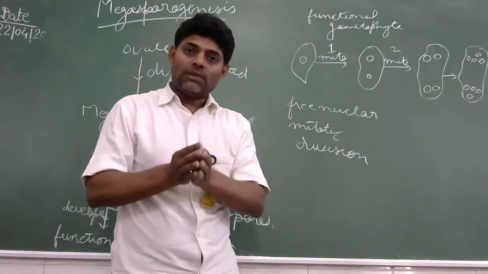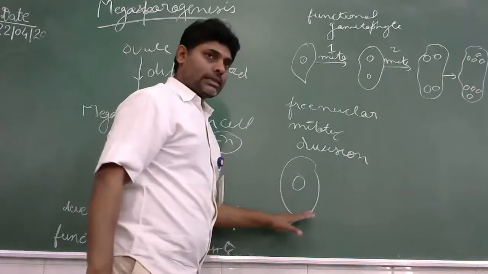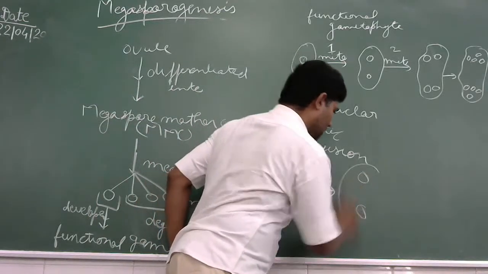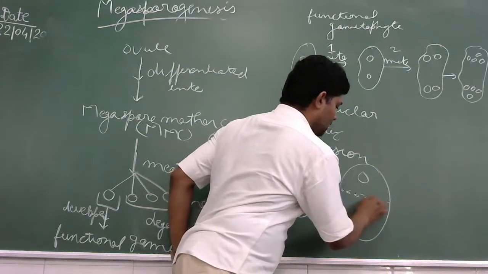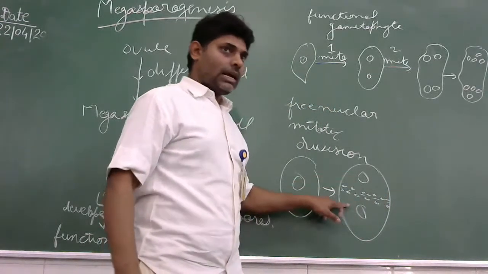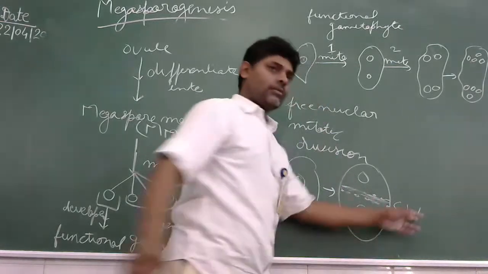Suppose this is the cell. This cell will divide, and the formation of the cell plate starts immediately after the formation of the two nuclei, and then it will make the cell wall, right?